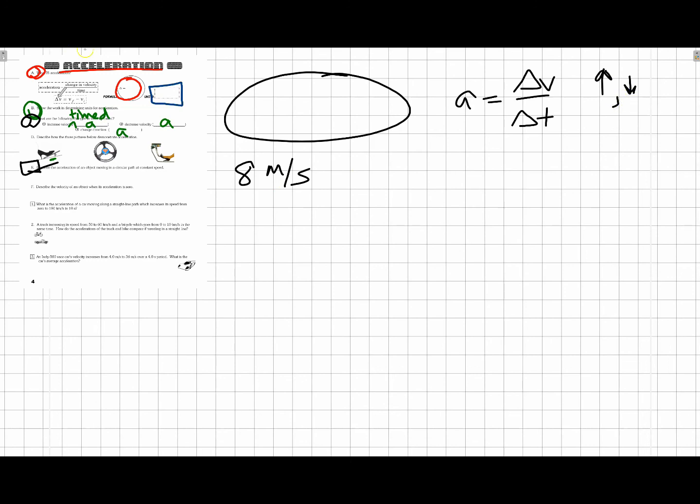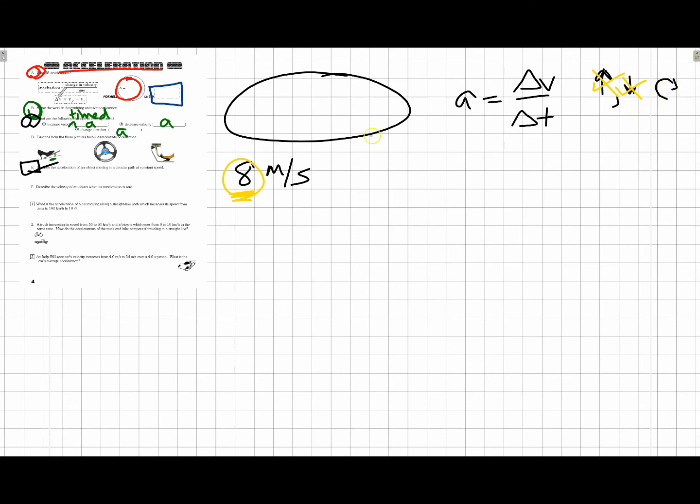Well, with saying it's a constant speed, and there's no 8 meters per second here, I just put a quantitative value down. Not going faster or slower than 8 meters per second, we quickly want to say, oh, that's no change in velocity, so therefore no acceleration. But remember, vital to acceleration, because it's a vector, is changing direction.